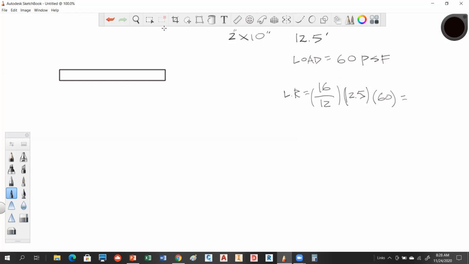Let me clean that up so you can see that better. So that's 16, that's the area width in feet times the span times the load rate. And what does this give me? How much actual load is that joist carrying? I get 1,000 pounds.